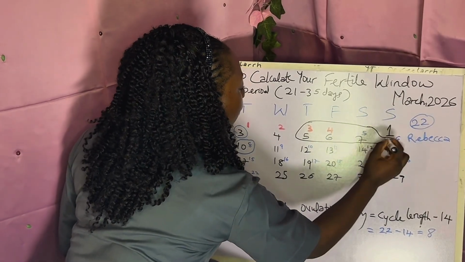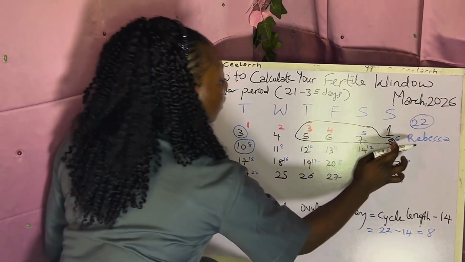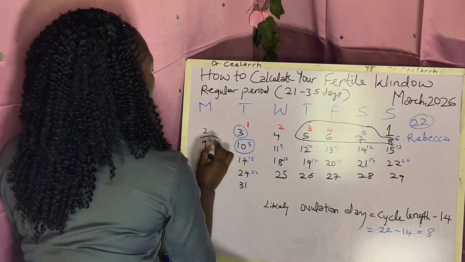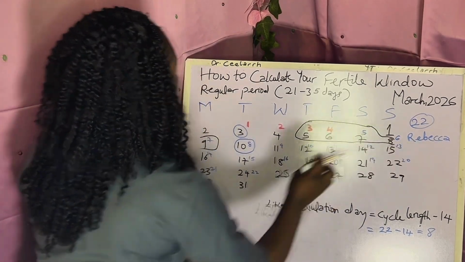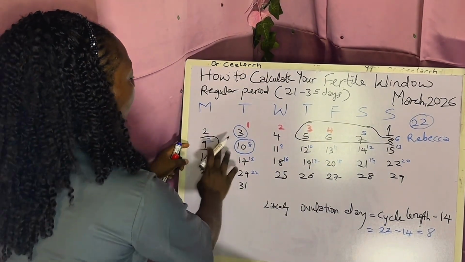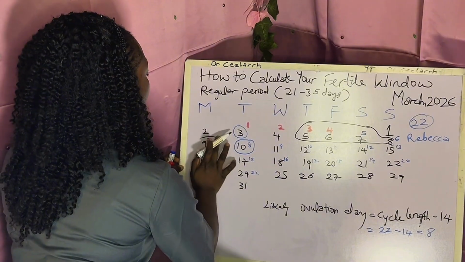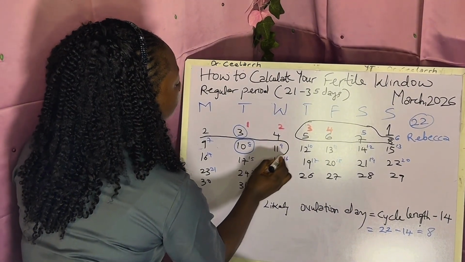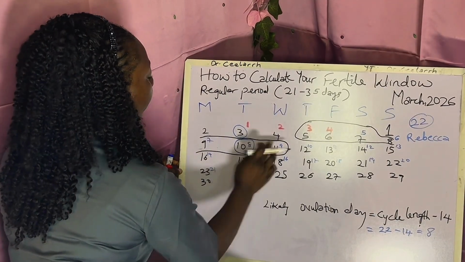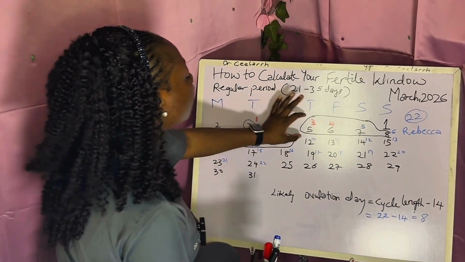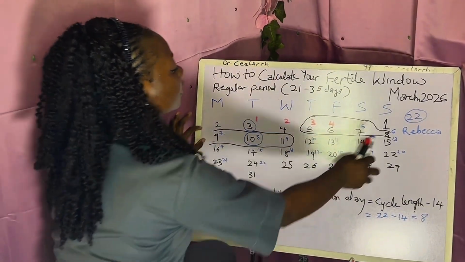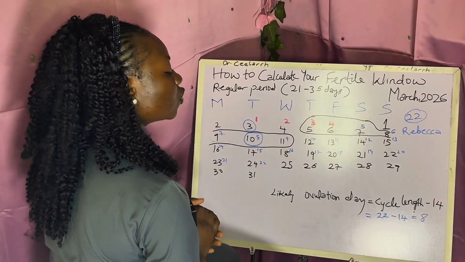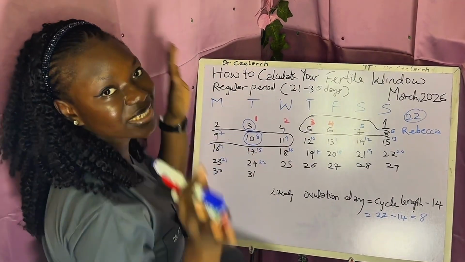Let me leave here open, then capture it. Everything from here to here is added. So 1 day after she has ovulated, because we said that the egg can survive for about 24 hours. So this is the fertile window for Auntie Rebecca in the month of March, having a 22-day menstrual cycle.